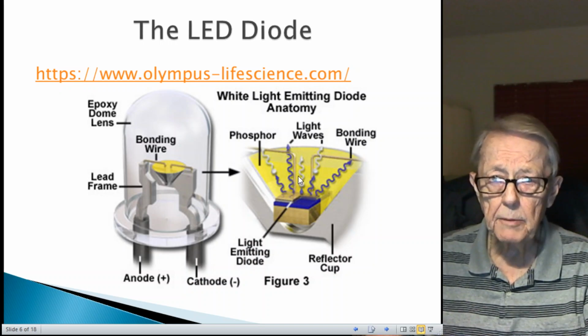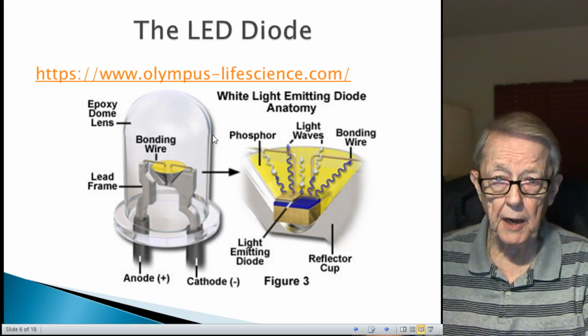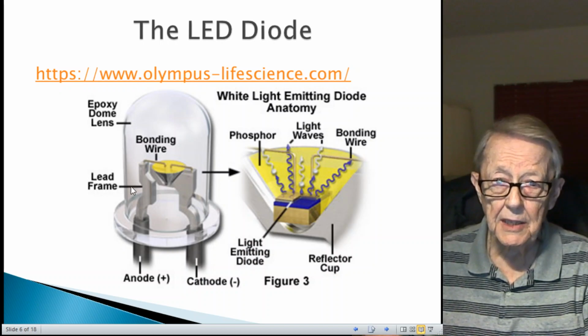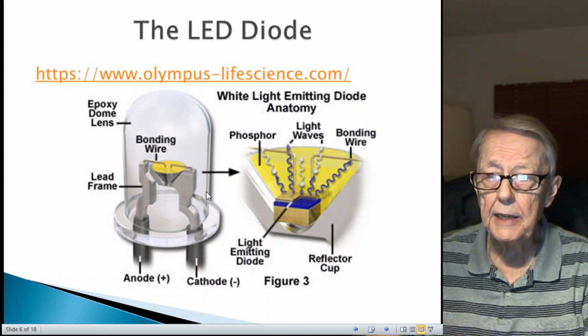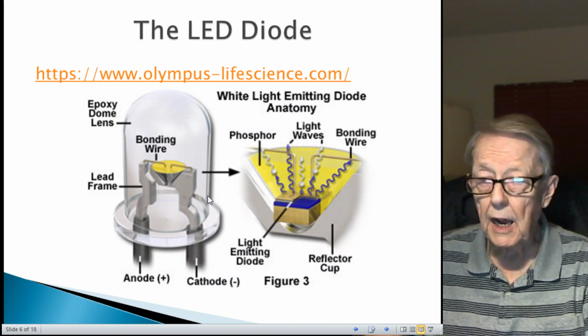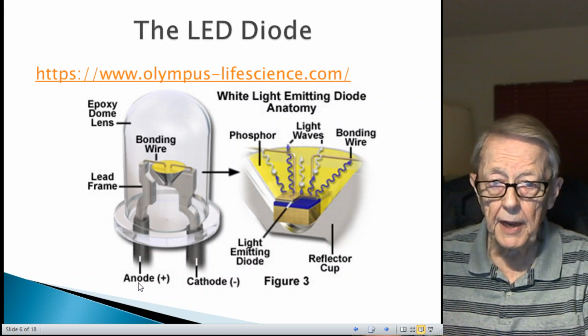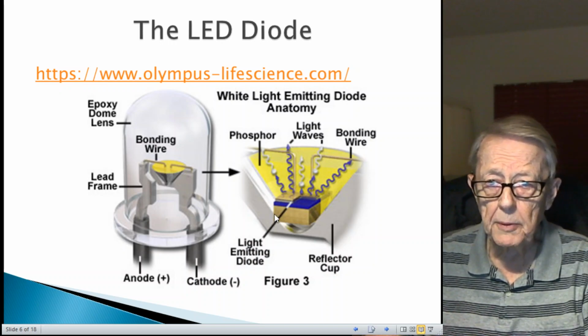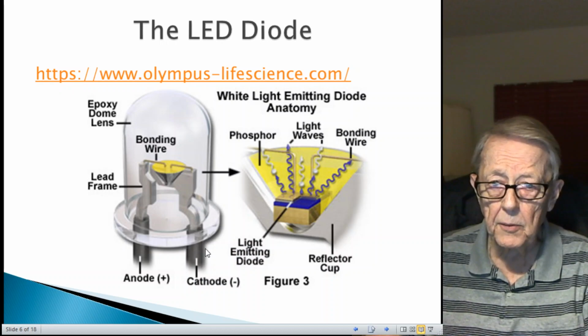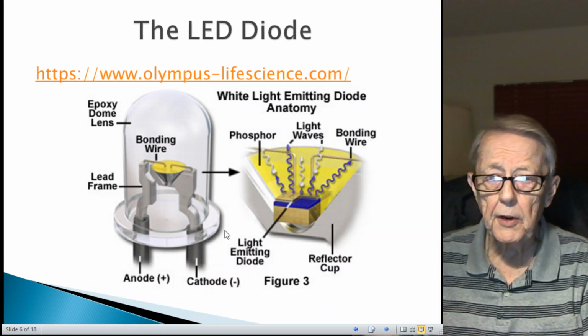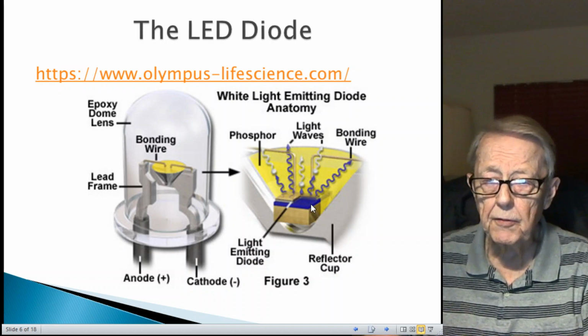Now this is the physical structure of a diode. It has a lens, and when an LED is on and lit at high intensity, it can get hot. The anode, the positive side, where it shows the arrow, is bonded down into this cup, bonded to the diode, which is here, and then the cathode comes back out the other way, and you have your connection. It's interesting for two points here.